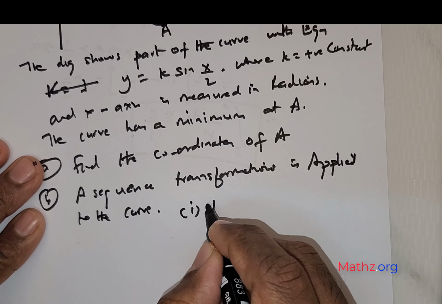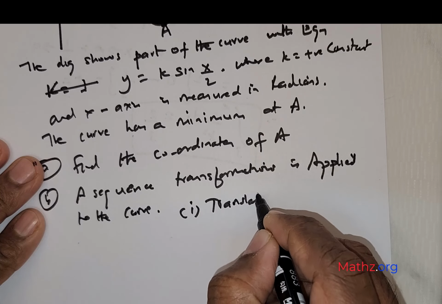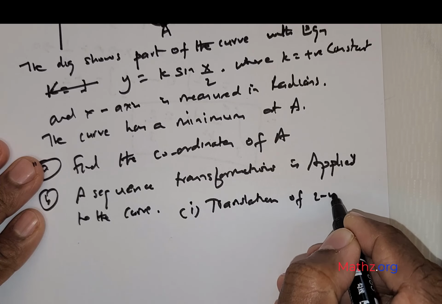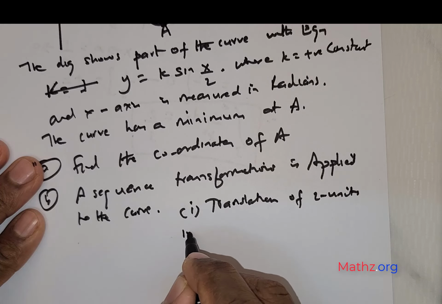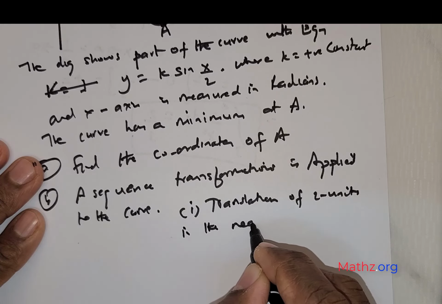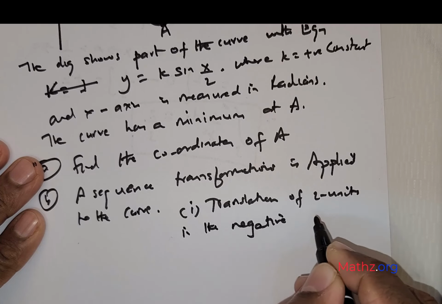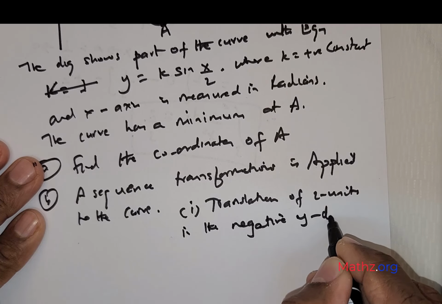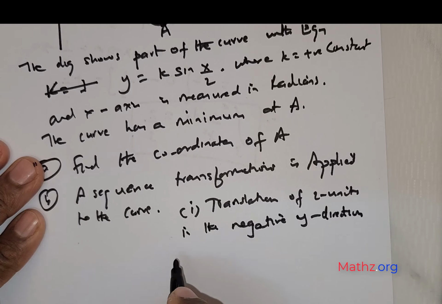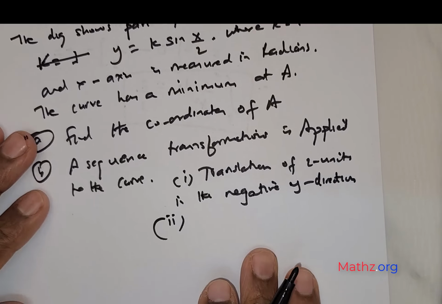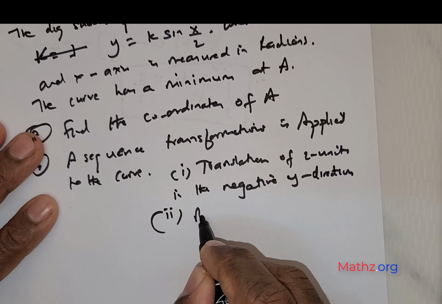The first one is translation of two units in the negative y direction. And point number 2 is reflection in the x-axis.